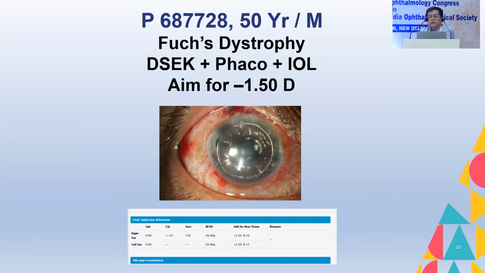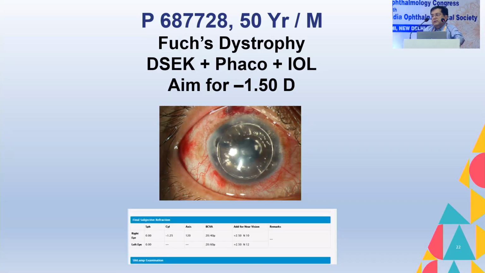If you are doing DSEK, then the situation is actually a little reverse, because in this situation either you will do a combined surgery, or in my scenario I would prefer to do a cataract surgery first and then do a DSEK. Here the calculation is very simple.